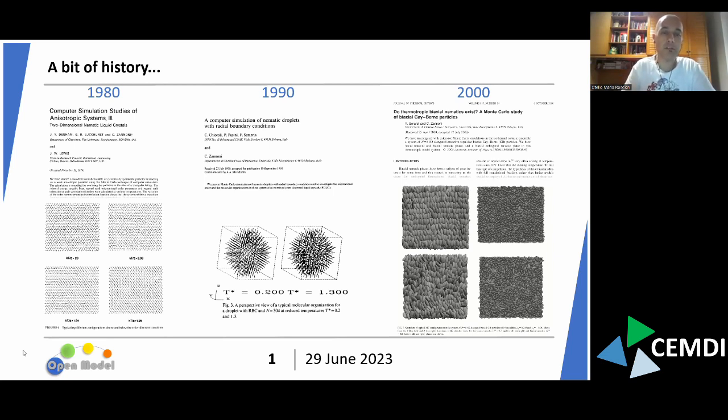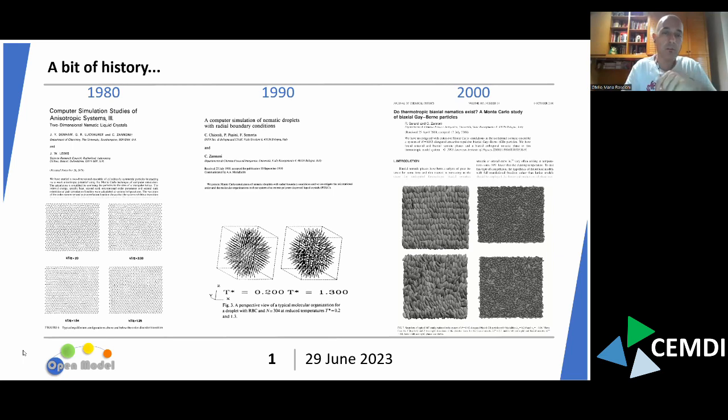With the advance of time and the availability of ever more performant computers, people started to refine these models, and sure enough, we went from 2D to 3D, and eventually the Gay-Berne potential was developed, which basically describes how ellipsoidal particles interact.